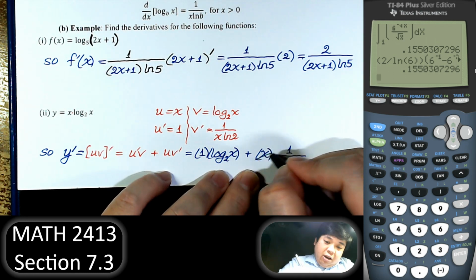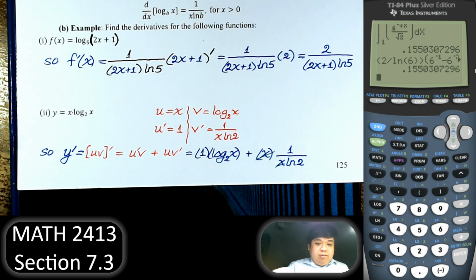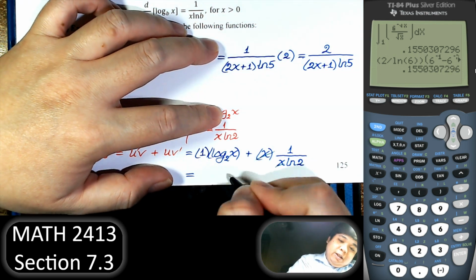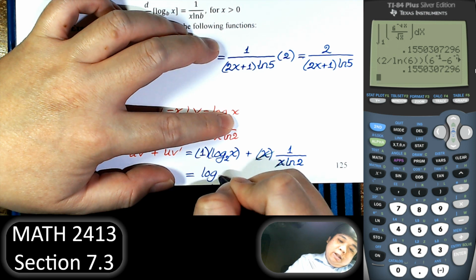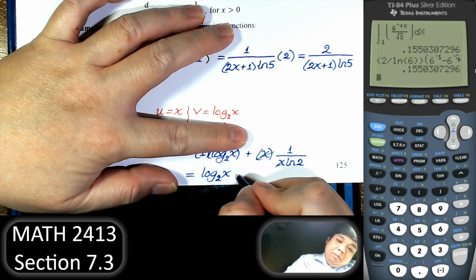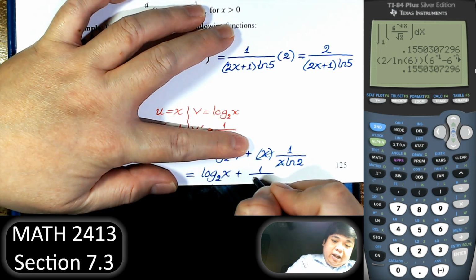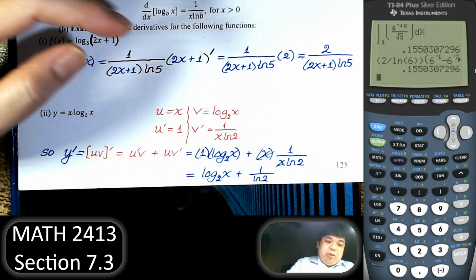The x on the top and x at the bottom cancel out. So that's why we have log base 2 of x plus 1 over ln of 2.